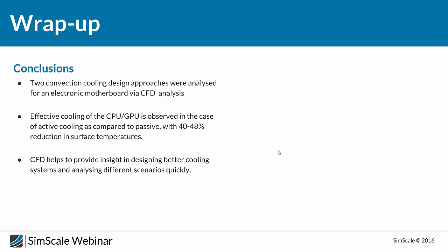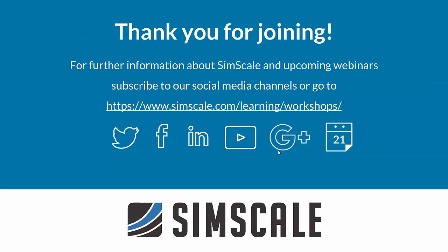So you could in general use any other electronic device to simulate and then find the optimum heat transfer which is required. That is the end of the session. So I would now look into any of the questions.